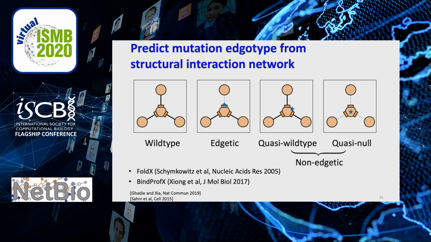And as a result, the entire protein falls apart, and all interactions are disrupted. This mutation is called a quasi-null mutation. Both quasi-wild-type and quasi-null mutations are considered non-edgetic. These mutation edgotypes can be accurately predicted by three-dimensional structure-based methods such as FoldX and BindProfX.